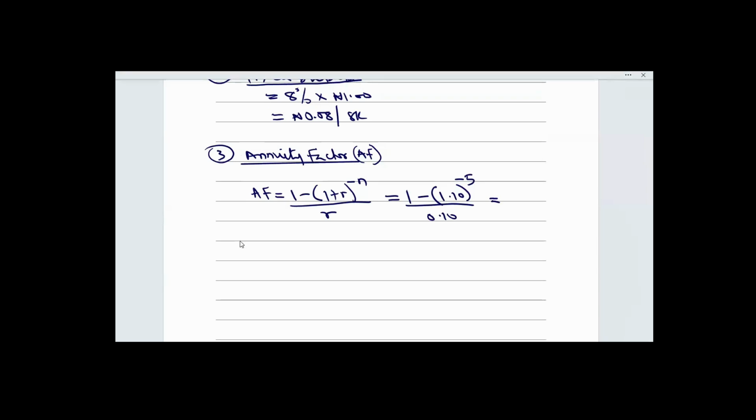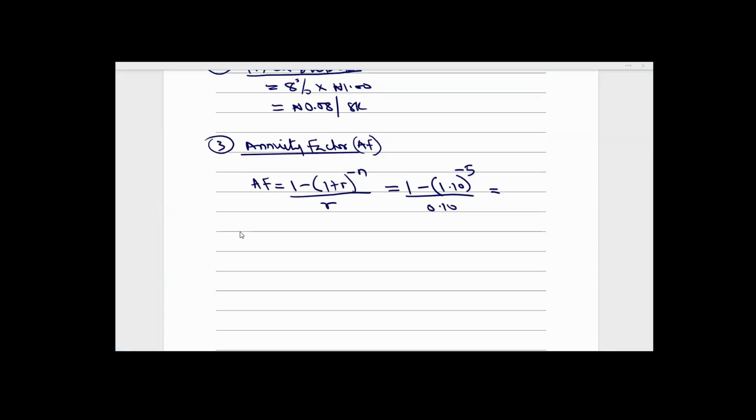Okay, so bring up 3.791, right? Okay, yes, sir. Yeah, so that's it. Please, if you don't know how we got the 3.791, you can always ask me. I will tell you.